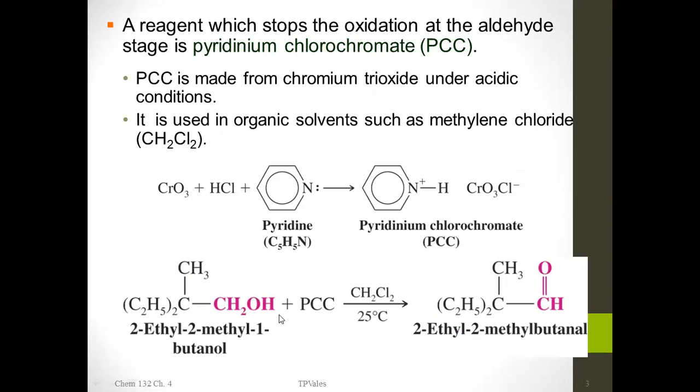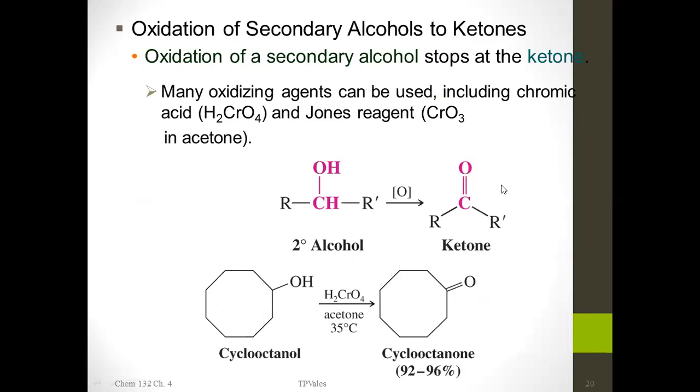We always do this reaction in methylene chloride, PCC anhydrous without water, because this one is reactive in water. If this is in water, it will react in an acid-base reaction. The water can actually abstract this one to get your pyridine again, and you don't get your chromate. There's a reaction actually, so you do that one in anhydrous form.